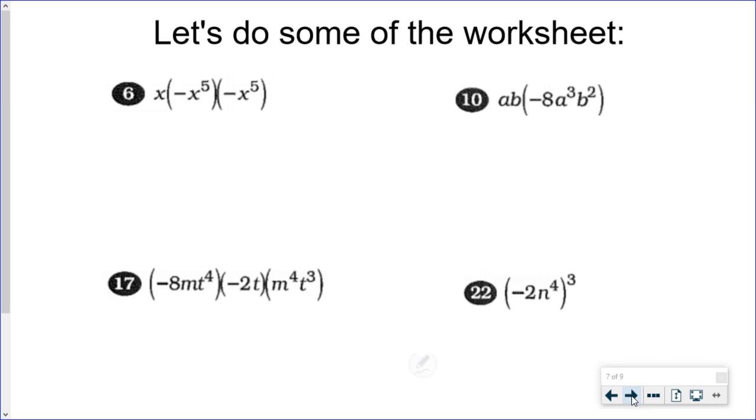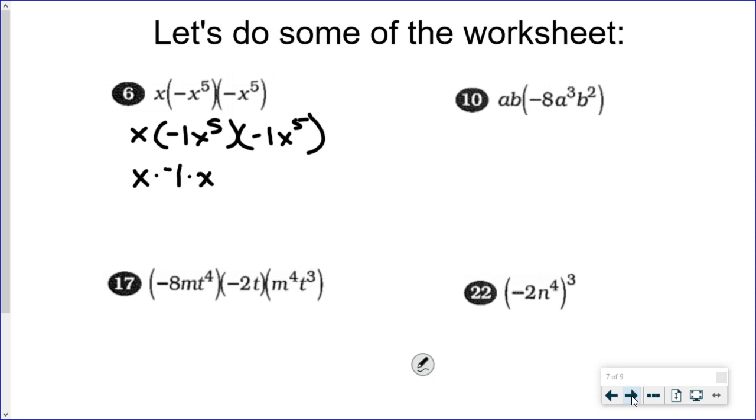You could almost rewrite this as x times -1, x to the 5th, times -1, x to the 5th. So again, a -1 times a -1, and it's not a power to a power. So I could write these out like this. And again, that x out front is also to the power of 1.